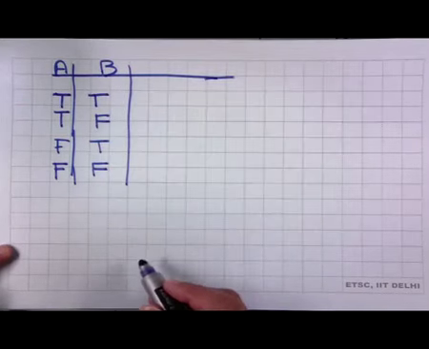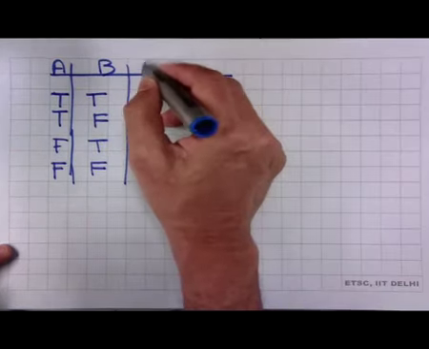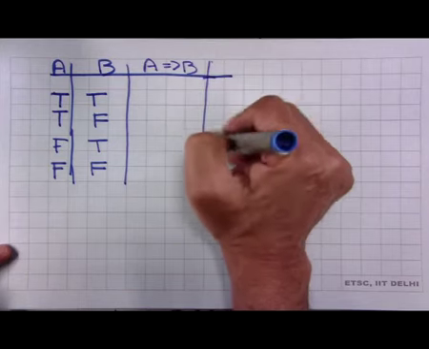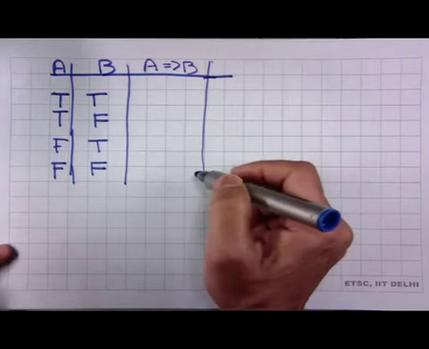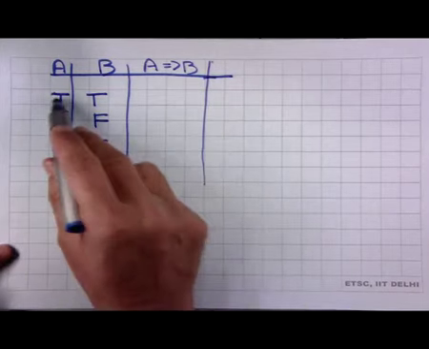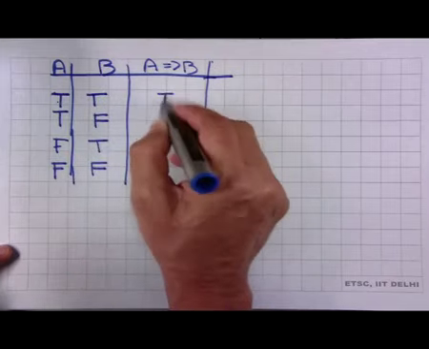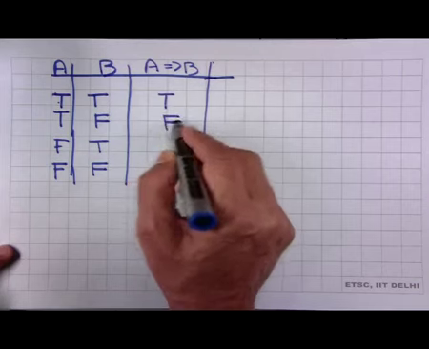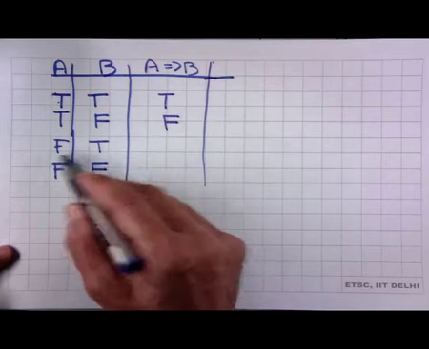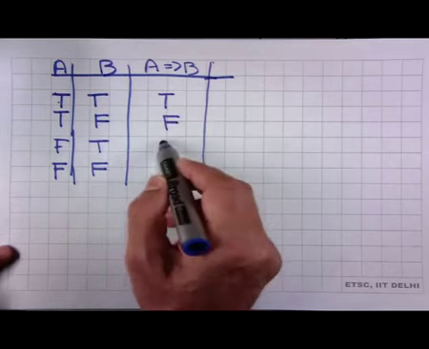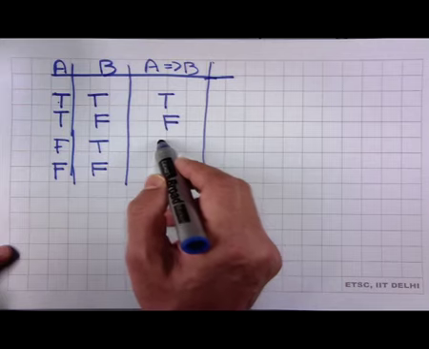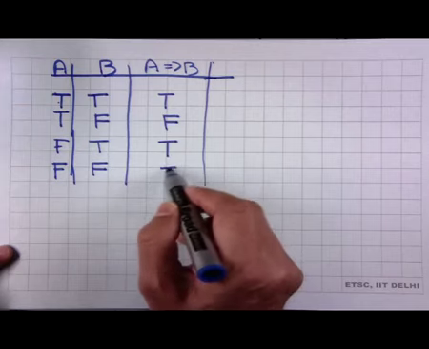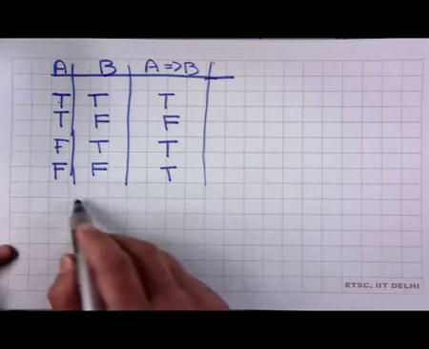If you remember, then we know that A implies B. Therefore, we will have the truth values as following: true implies true is true, true implies false is false, false implies true is true, false implies false is also true.